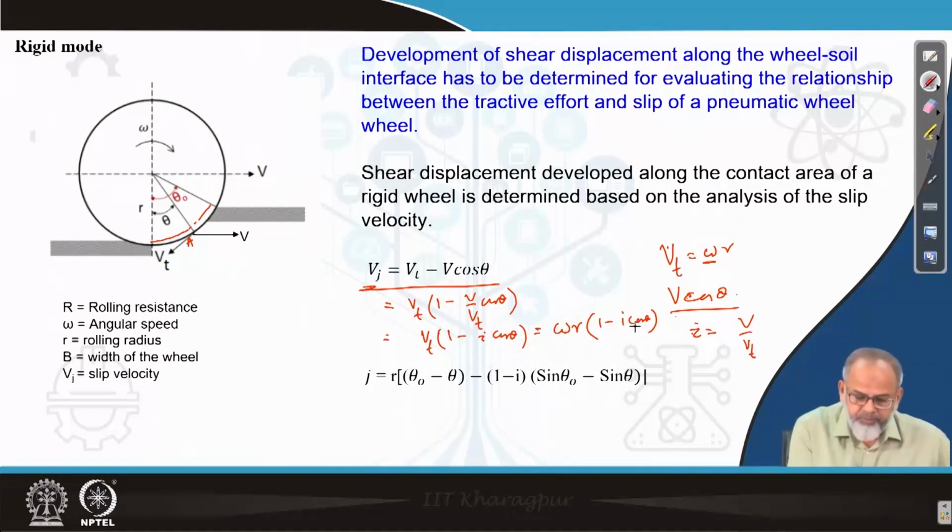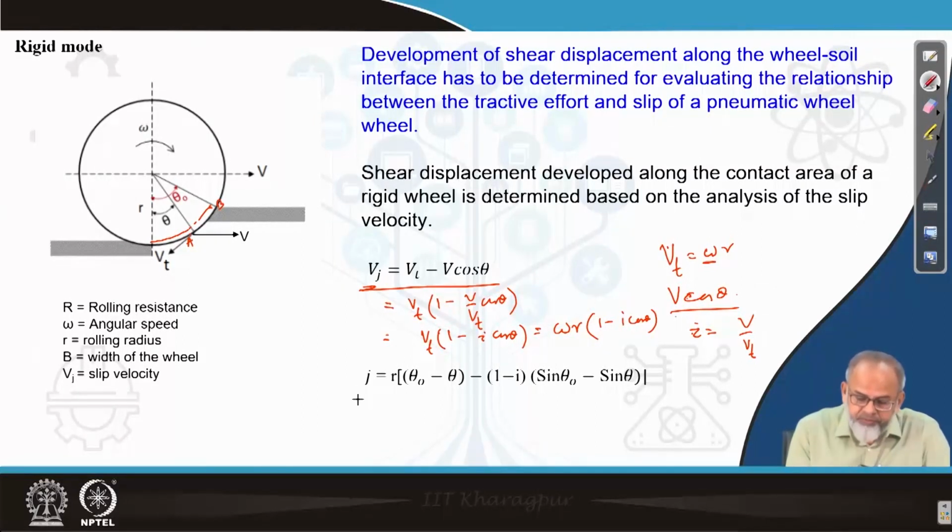Now this is at the point A. If you want to find out throughout the contact surface, from A to the point where the wheel is just entering the soil, which we denote as B, then this has to be integrated from theta to theta 0.